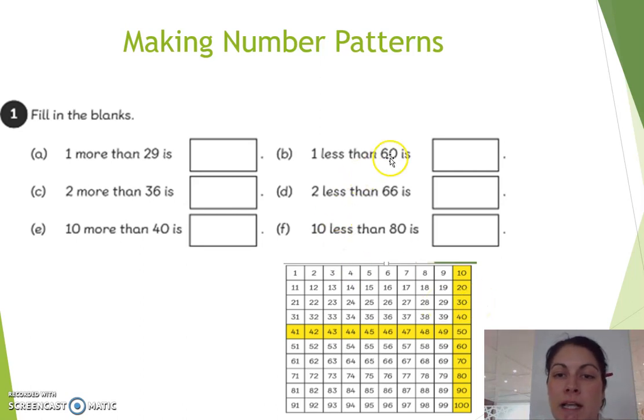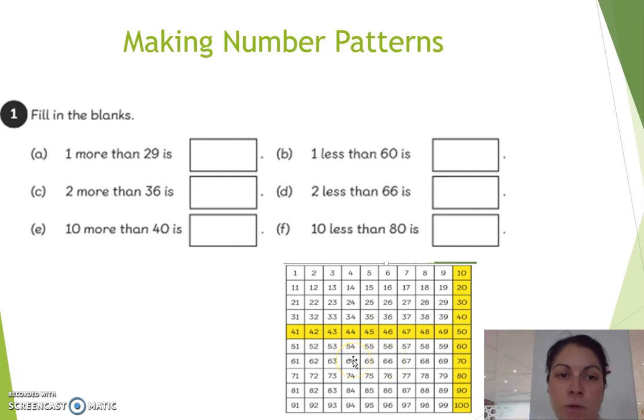Then B, 1 less than 60, so we find 60, and we just do 1 less than 60, 59. 2 more than 36, so I find 36 again, and I count on 2, so 1, 2, and my answer is 38.